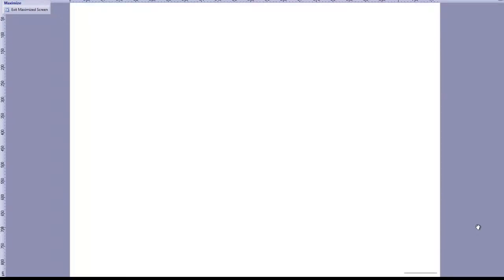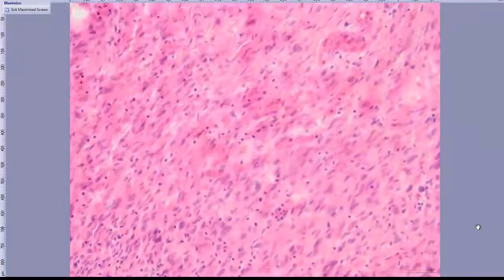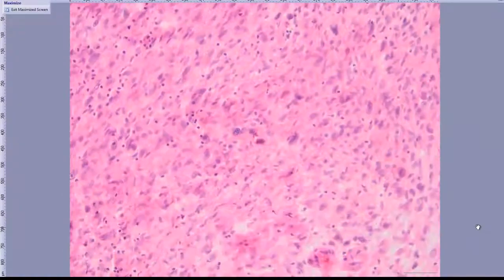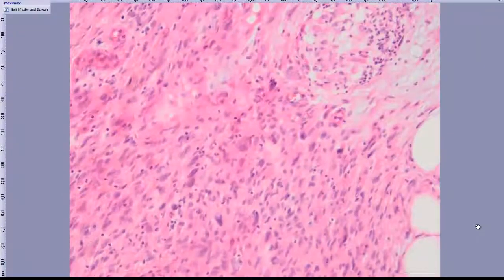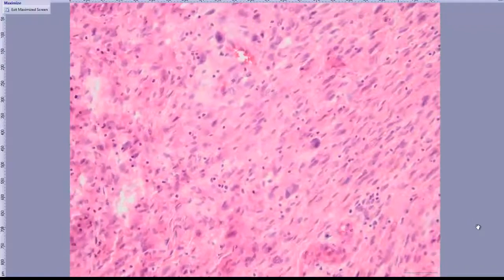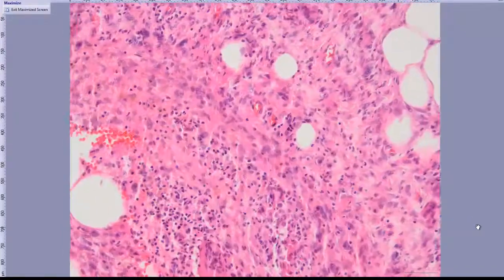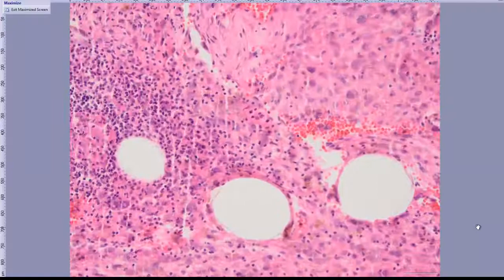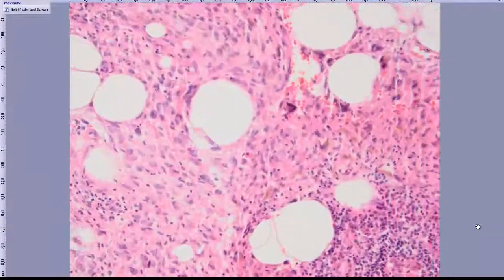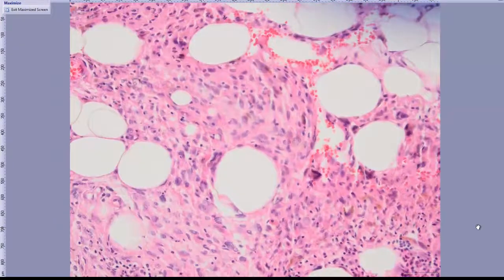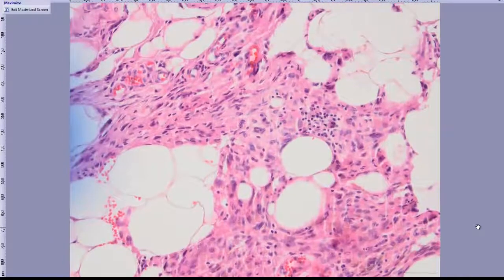some more hypercellular areas here, with accompanying hyperchromatic cells. And these hyperchromatic cells are not binucleated. They don't look like Reed-Sternberg cells.